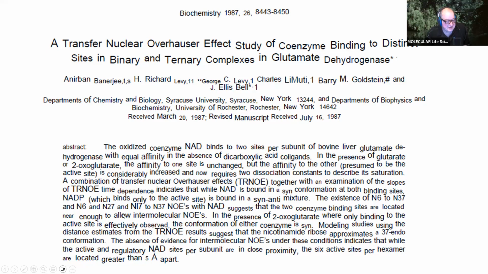And so again, this is the sort of thing that somebody needs to do sometime with malate dehydrogenase, to show whether or not the non-linearity observed in some of the initial rate kinetic plots is in fact due to multiple cofactor sites, for example.